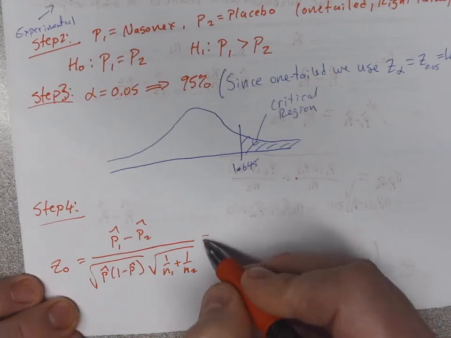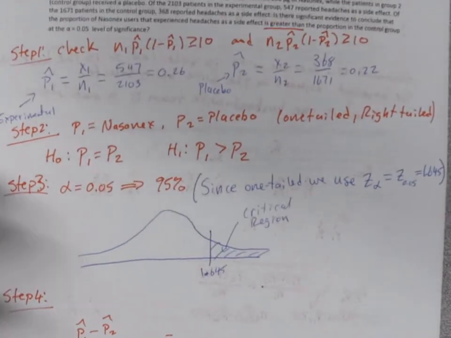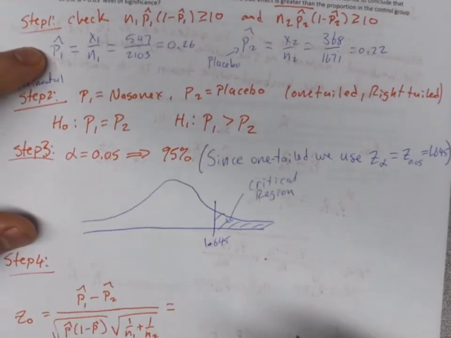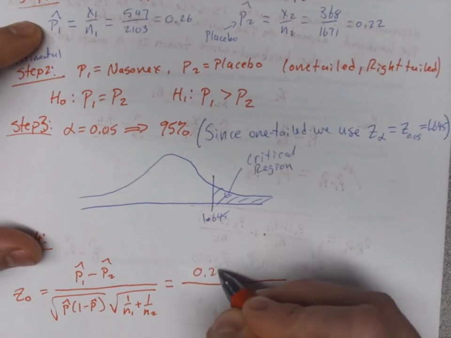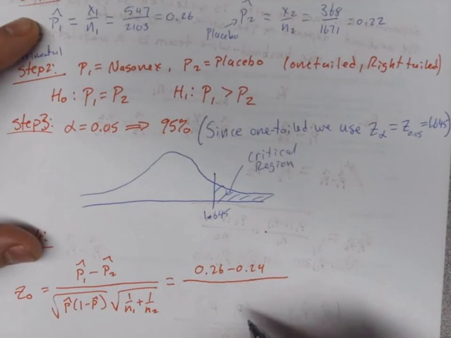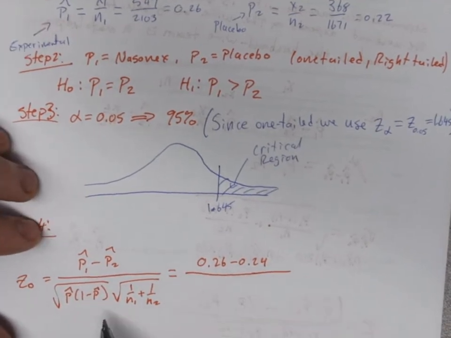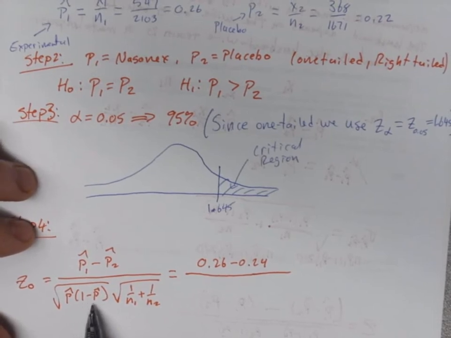So this is equal to P1 hat and P2 hat, which we found up here in step 1. You can find those at any time. So we already got those out of the way. That was 0.26 minus 0.24. And then on the bottom, we have the square root of P hat times 1 minus P hat. So we have to determine what P hat is here.